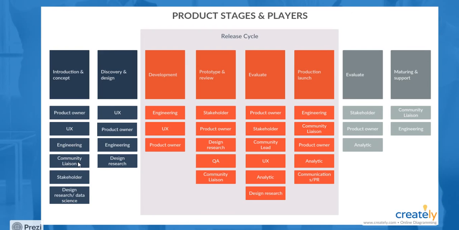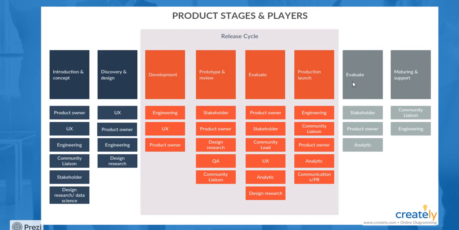Engineering, community liaison, stakeholders, design research, data science. These are the players, and this is the stage. Okay, discovery and design, development, prototype and review, the evaluation. Here you have quality assurance, QA, for example, product launch, the evaluation.